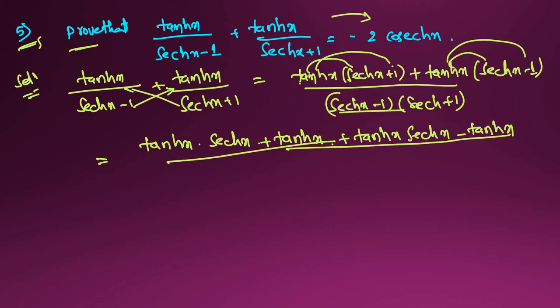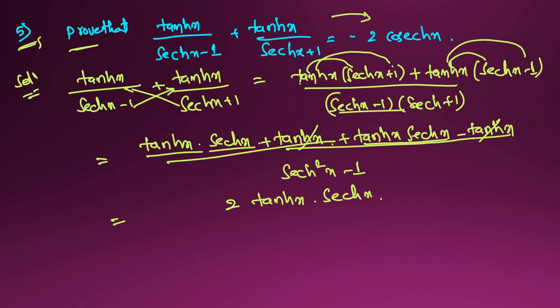This total will be divided by this, which is sech square x minus 1. So here tanh x will get cancelled. Now this will be tanh x sech x, so it will become 2 tanh x into sech x, divided by tanh square x, we can write tanh square x.